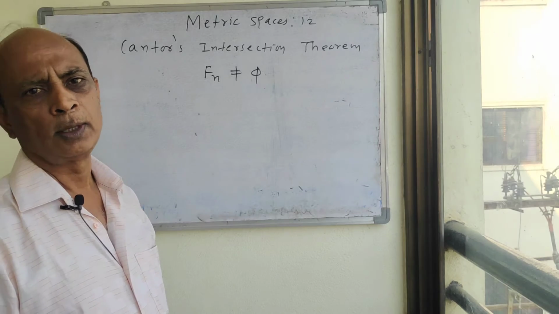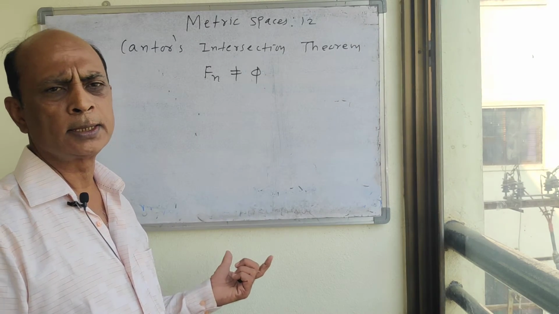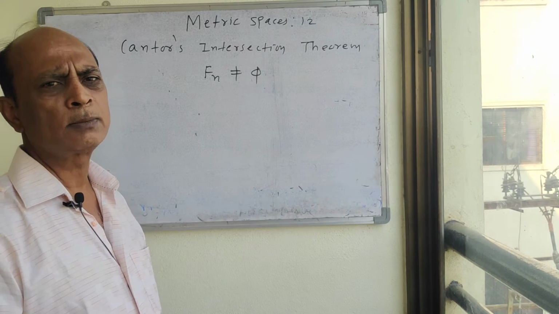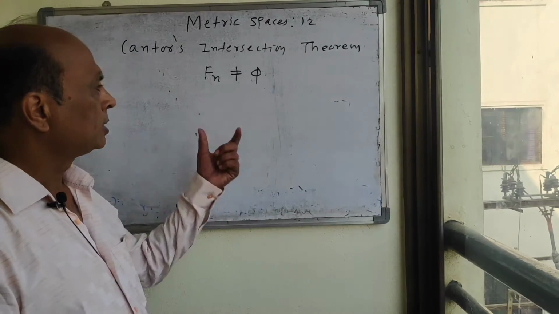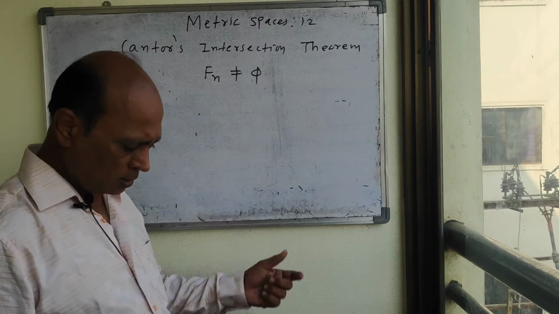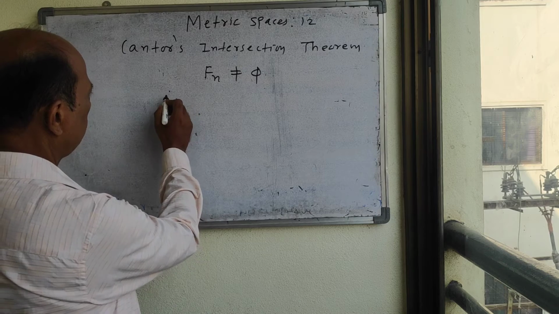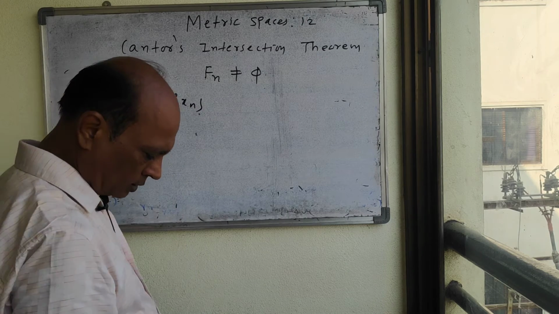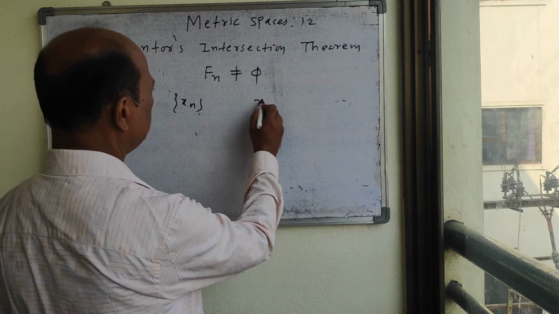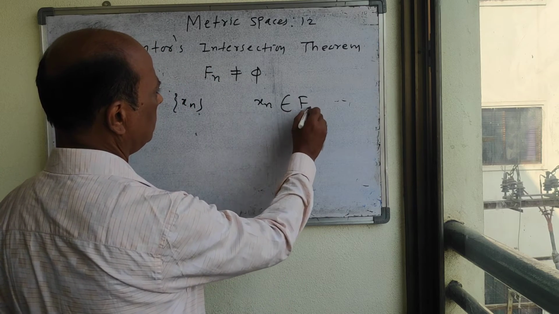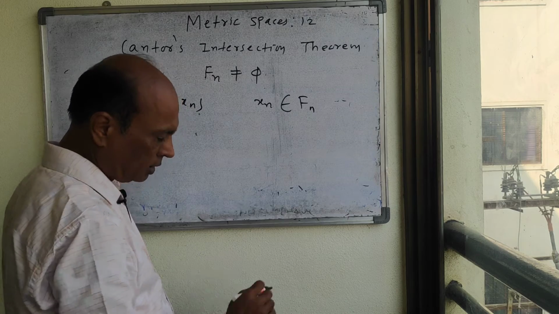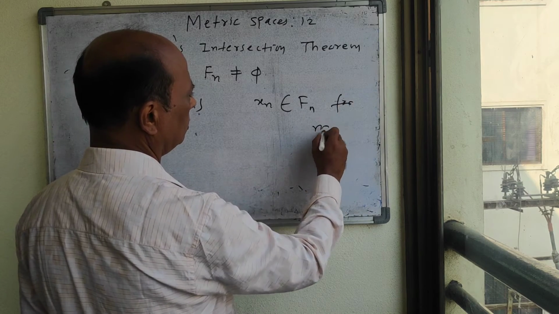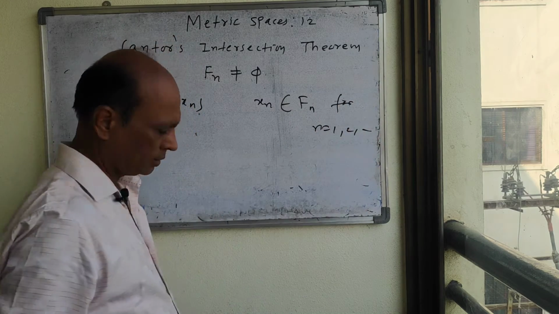As it is non-empty, we can construct sequences which are subsets of this. So we can choose a sequence of points xn such that xn belongs to Fn, for n equal to 1, 2, 3, and so on.